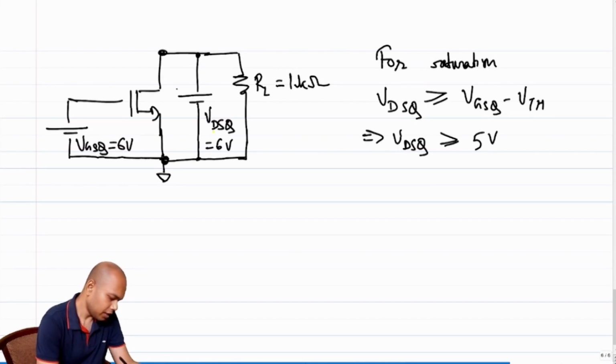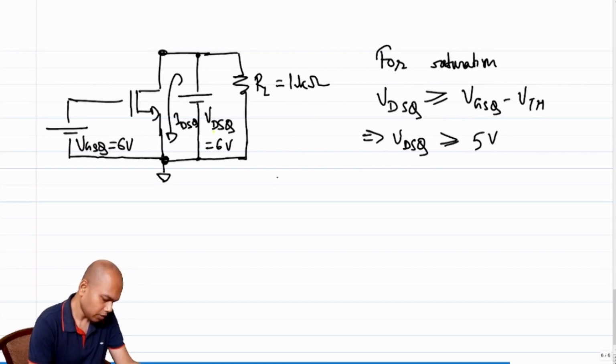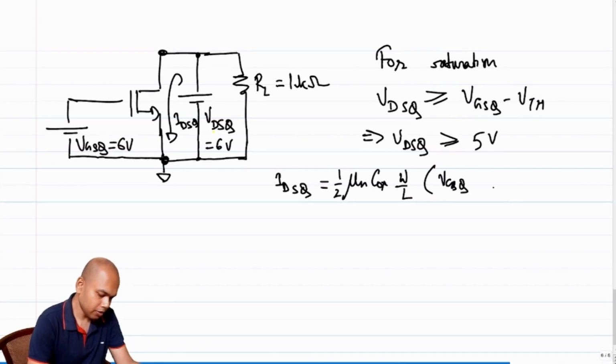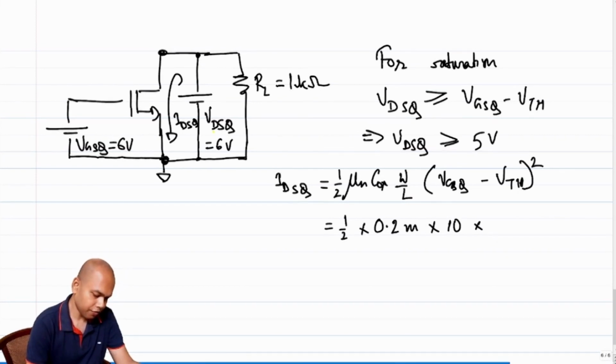And what is this current IDSQ? The IDSQ that will flow through the transistor is 1/2 mu n Cox W over L times VGSQ minus threshold voltage, whole squared, which is half times 0.2 milli times 10 times, 6 minus 1 is 5, 25.